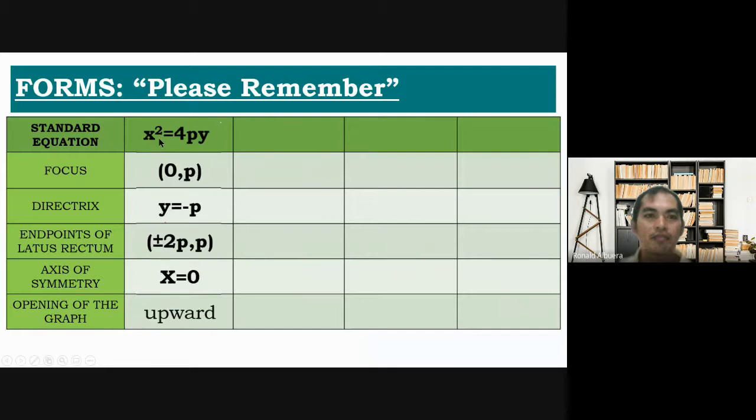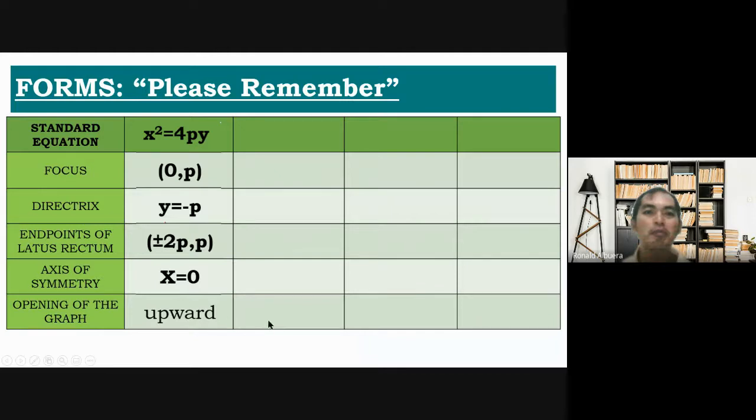First, when the standard equation is x squared equals 4py, the focus has coordinates (0, p). The equation of the directrix is y equals negative p. The endpoints of the latus rectum are (±2p, p), the axis of symmetry is x equals 0, and the opening of the graph is upward.